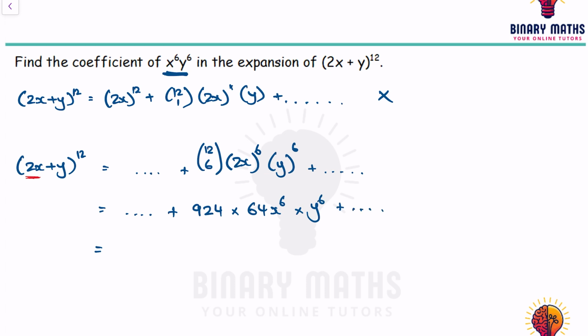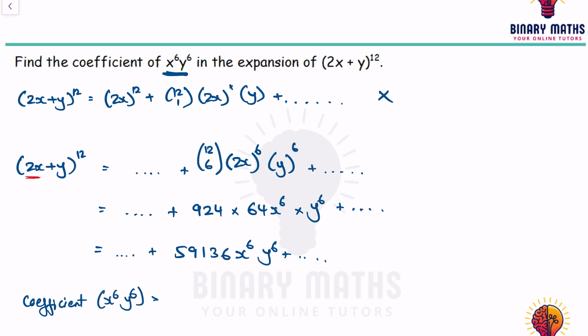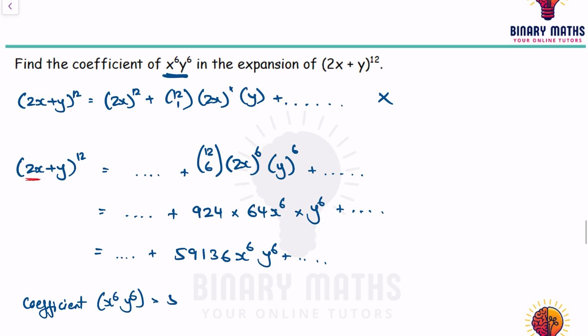Simplifying, it gives me 59136 x to the power of 6, y to the power of 6. So the coefficient of x to the power of 6, y to the power of 6 is just the number in front, which is 59136.